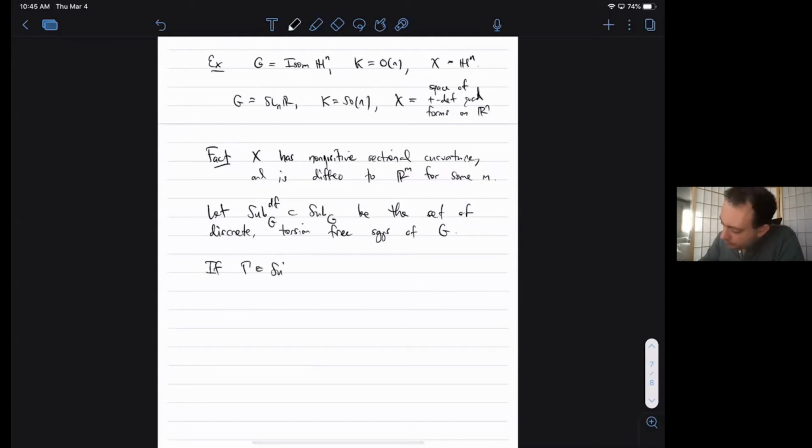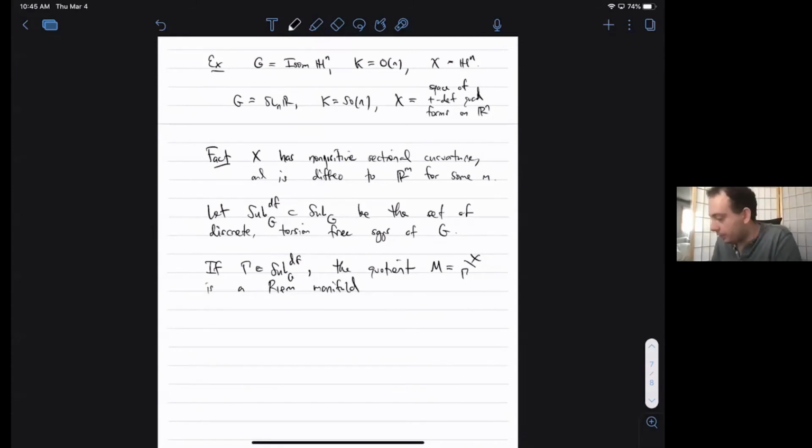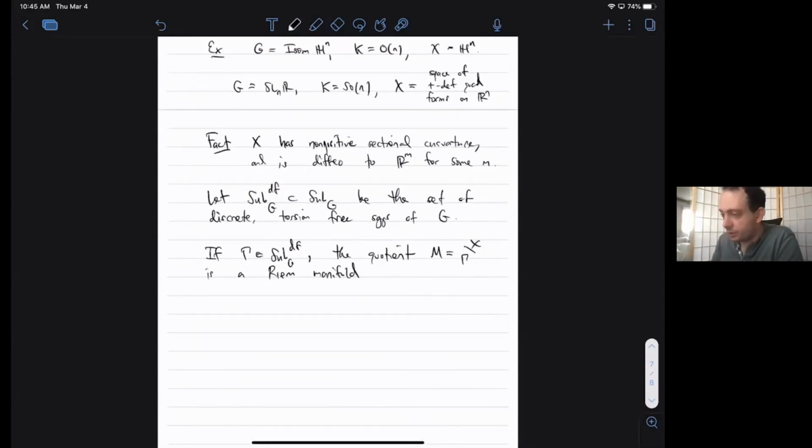If you have some gamma in sub G df, then because of the discreteness and torsion-freeness, gamma acts properly discontinuously and freely on X. So the quotient M equals X mod gamma is a manifold, and you can project down the Riemannian metric from X to a metric on the quotient that's locally isometric to X. We call such M X manifolds.